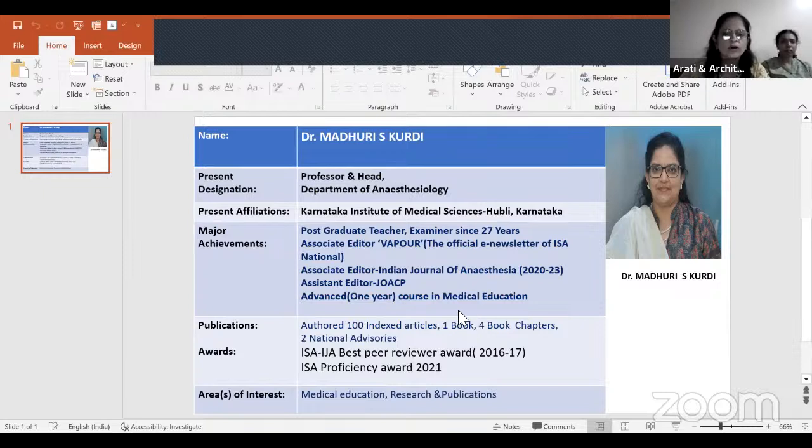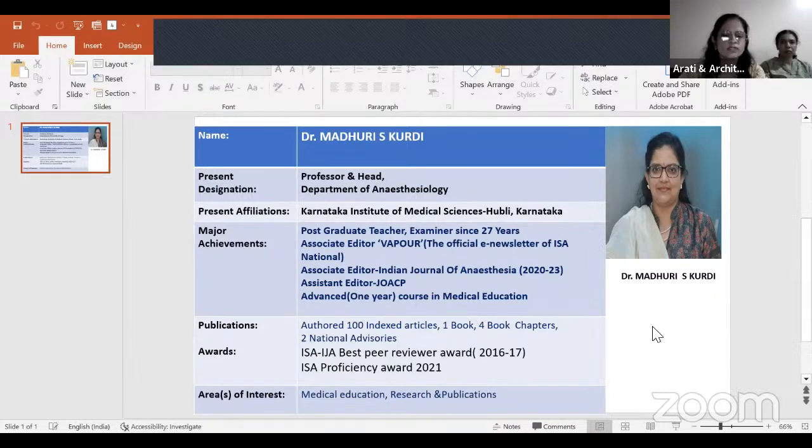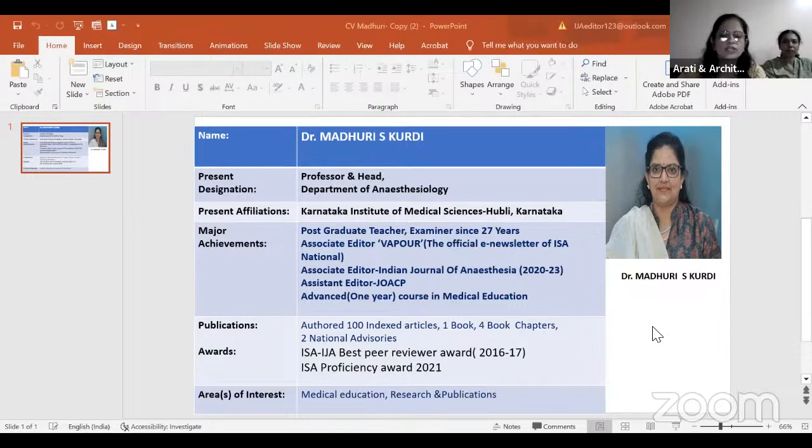She is Associate Editor of Weber, the official e-newsletter of ISA National, Associate Editor of the Indian Journal of Anesthesia in 2022-2023, and Assistant Editor of JOACP, and she has done an advanced 1-year course in medical education. Regarding publications, she has authored 100 indexed articles, 1 book, 4 book chapters, and 2 national advisories. She has received the ISA IJA Best Peer Review Award in 2016-17 and the ISA Proficiency Award in 2021. Her areas of interest are medical education, research, and publication.